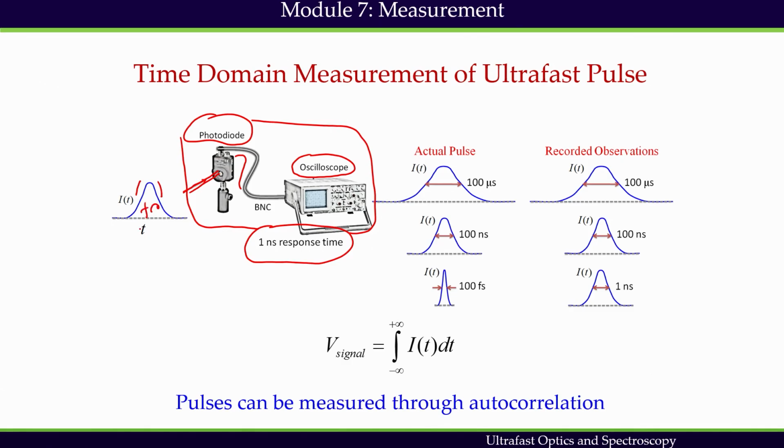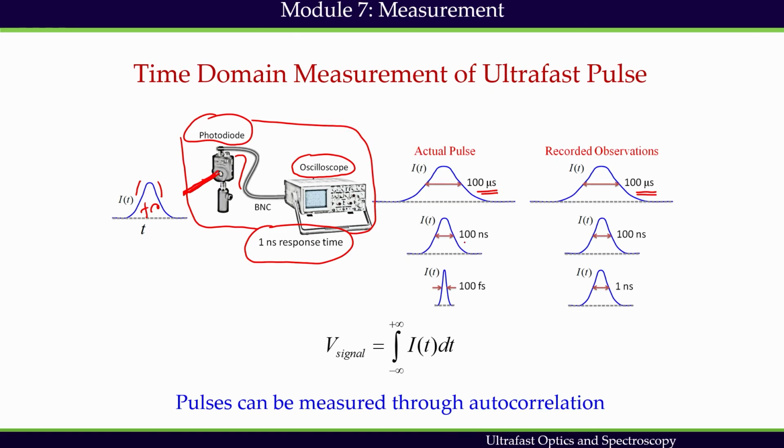and that is why if we direct a femtosecond laser beam to the photodiode in this configuration, then what will happen? Let us say that we are directing a beam of 100 microsecond pulse to the photodiode, then we will be able to immediately record the intensity profile of 100 microseconds, because the response time of the detector, nanosecond, is much faster than the pulse duration.